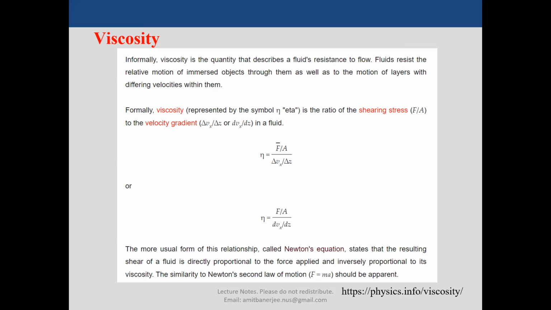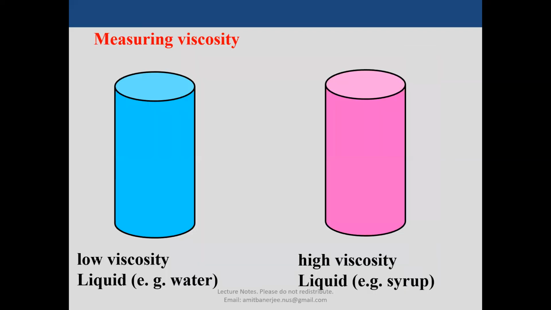The more usual form of this relationship, called the Newtonian equation, states that the resultant shear of the fluid is directly proportional to the force applied and inversely proportional to its viscosity, similar to Newton's second law of force. Now, viscosity can be measured by dropping a ball bearing. You may have done this experiment in your BSc courses.